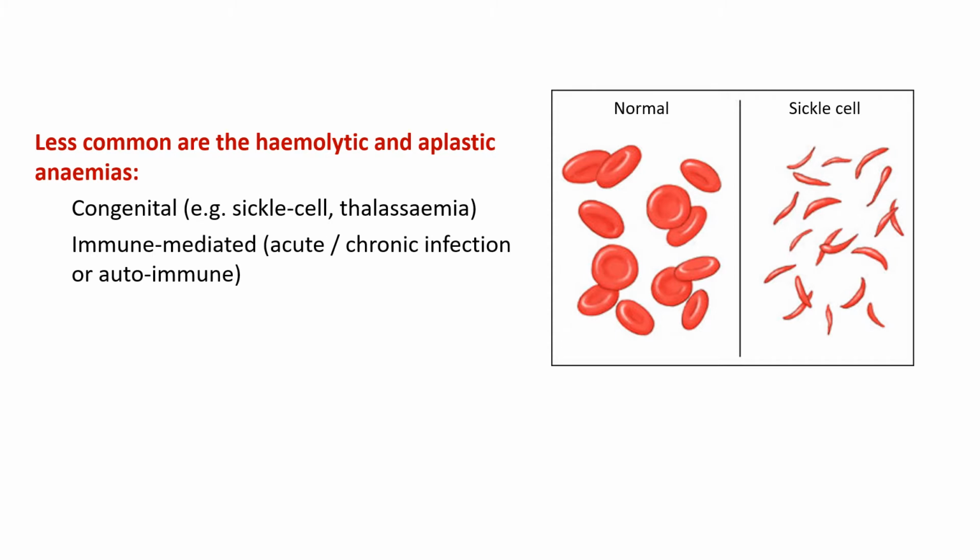Another one is immune-mediated anemia, and often this ends up with hemolysis of our erythrocytes. The immune response ends up destroying erythrocytes, and this can happen in acute or chronic infections, or it can be an autoimmune condition.